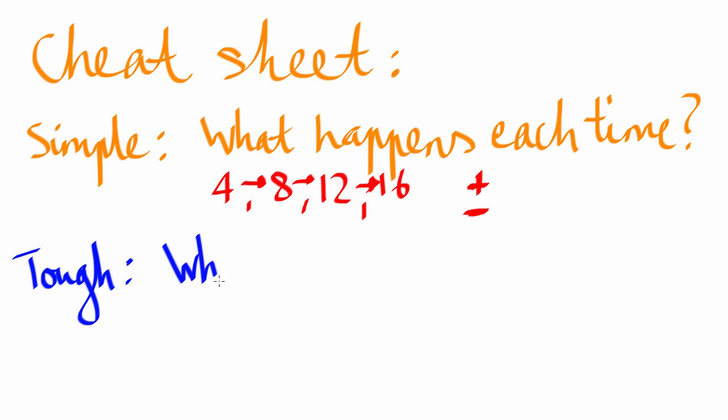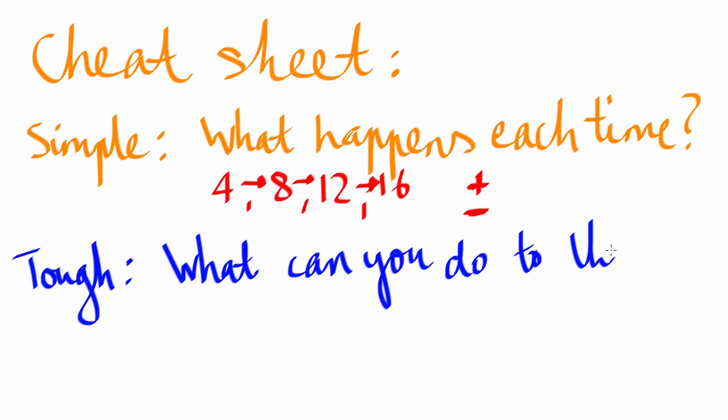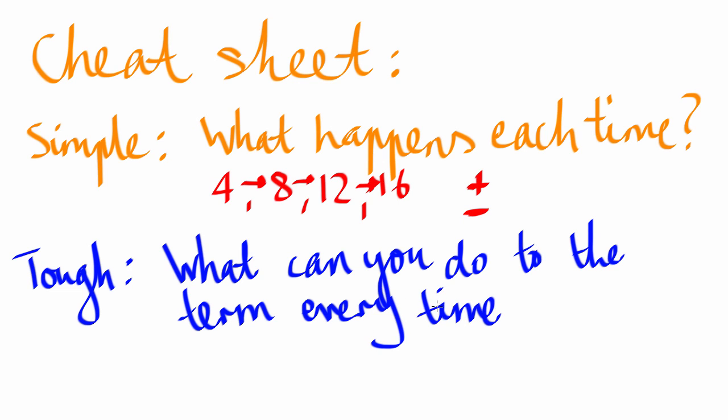Which is, what can you do to the term every time? And by that I mean, how can you work out whatever order the number is, whatever term it is, how do you get from that to the actual number in the pattern?